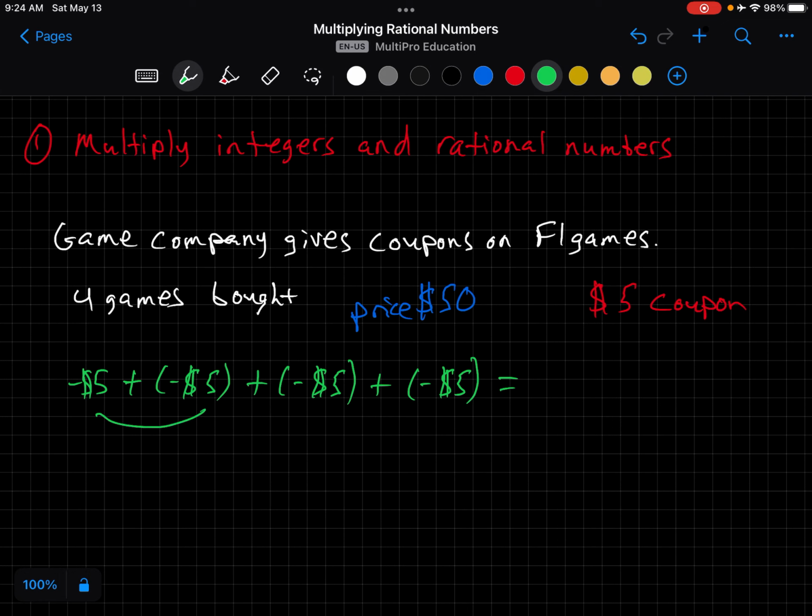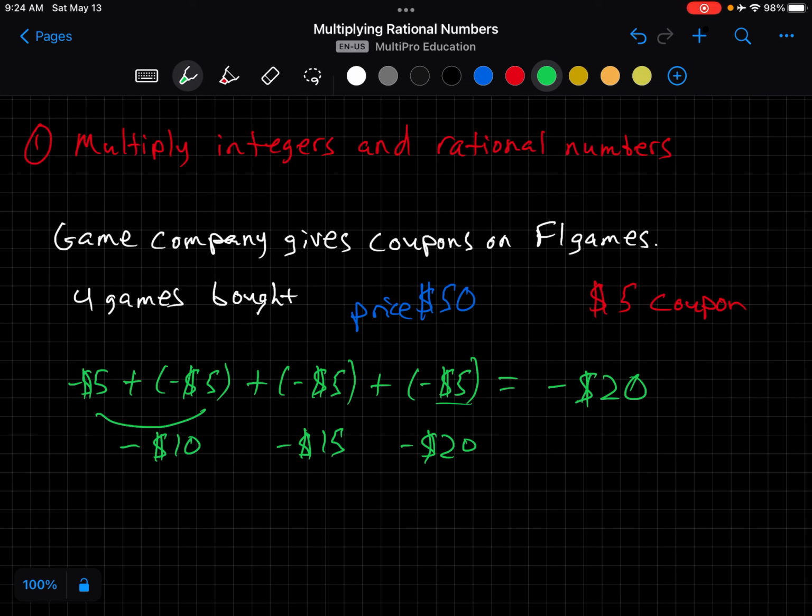What is this total? Well, this is minus $10. And if I add that to this, then that's minus $15. And if I add that to this, then this is minus $20.